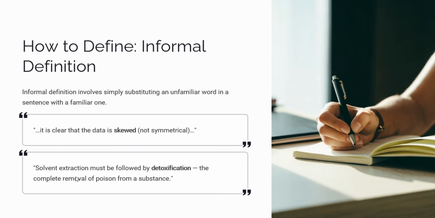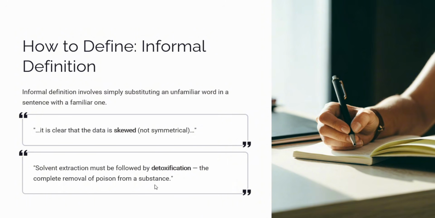Another example of informal definition is this: solvent extraction must be followed by detoxification. Detoxification is the word that is unfamiliar in this sentence. So for me to do an informal definition here, I will simply replace it, or I will just put a dash, or in a bracket, I will put the complete removal of poison from a substance.